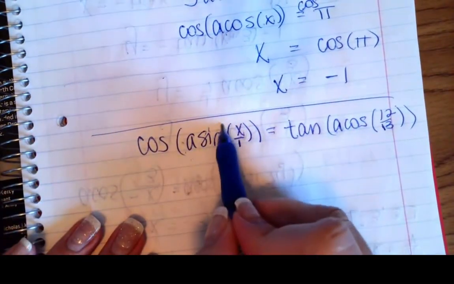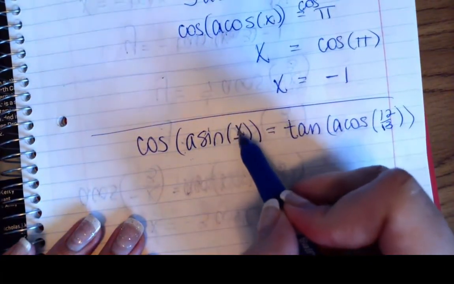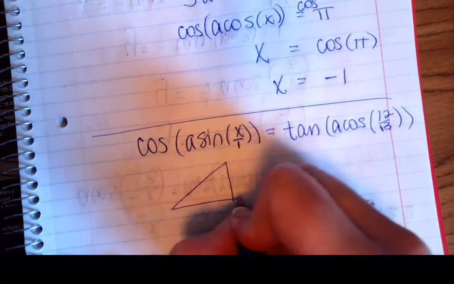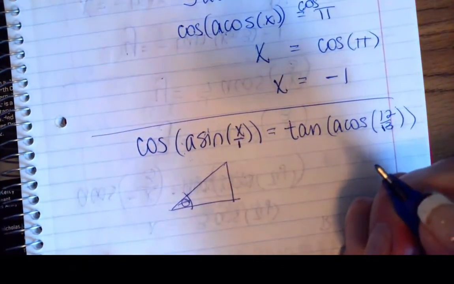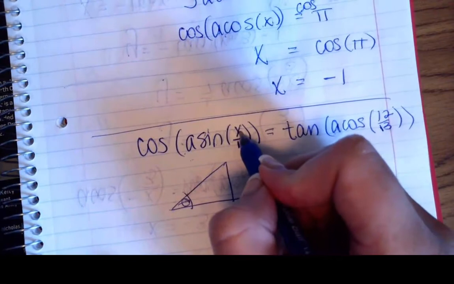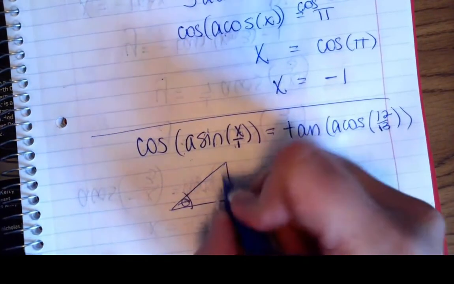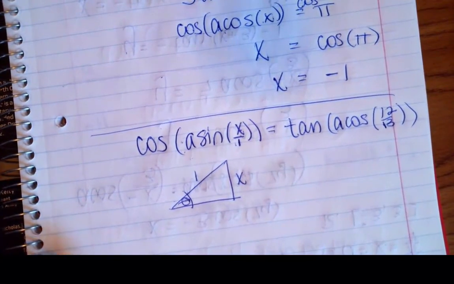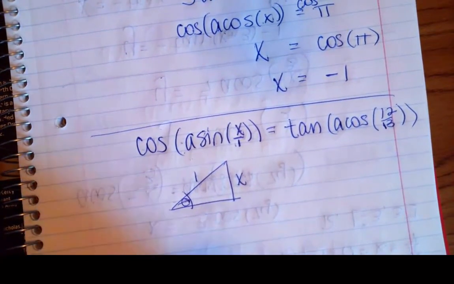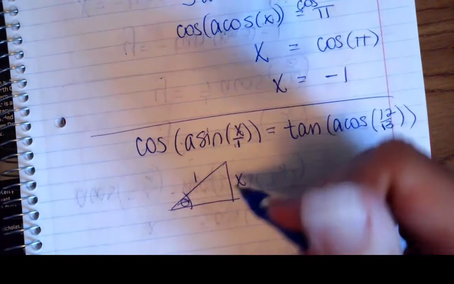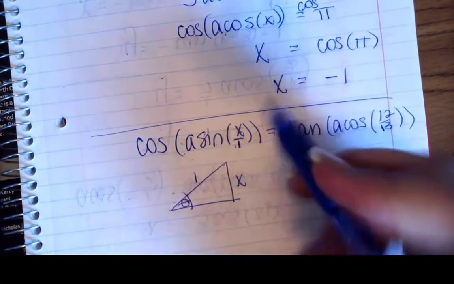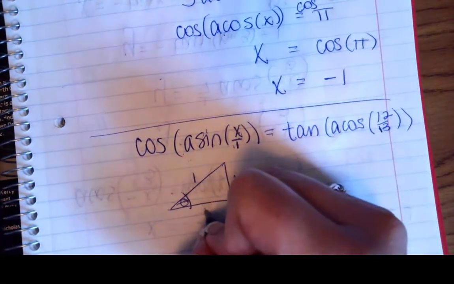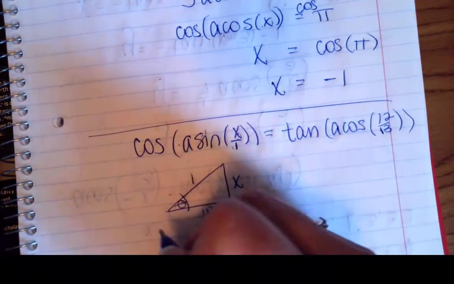So this is actually a triangle. I can build this. I know two sides of a triangle. Sine, and this is going to be handy in the next section, is opposite over hypotenuse. So this is x over 1. And now I can use the Pythagorean Theorem to solve the rest of it. Let's just say this is y for right now so that we can find out what y is.